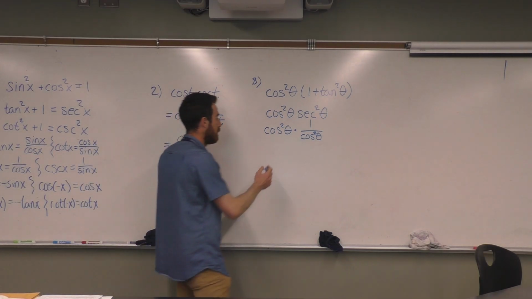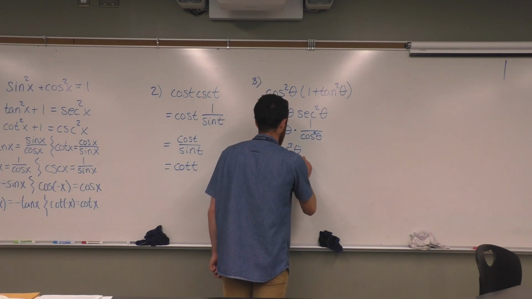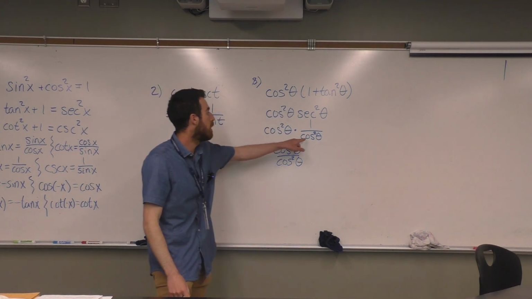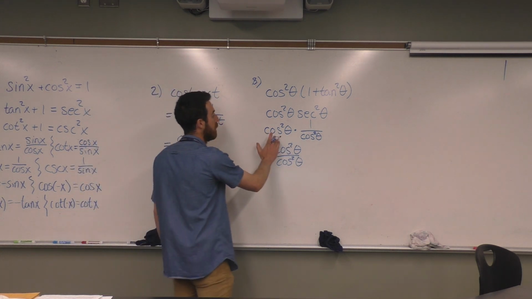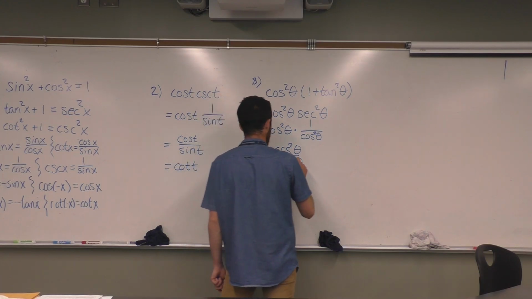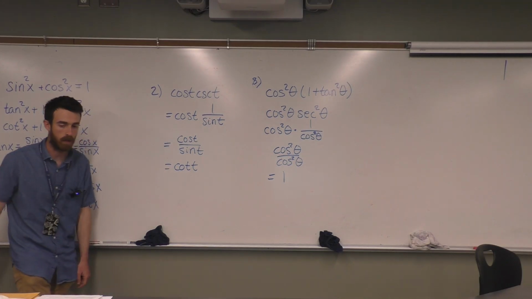And then again, we have cosine squared of theta over cosine squared of theta. Begin to see that this is in the numerator, and that obviously this is in the denominator. Begin to see that a single factor by itself with no denominator is automatically in the numerator, and that's equal to 1. Who would have known? Doesn't look like 1.